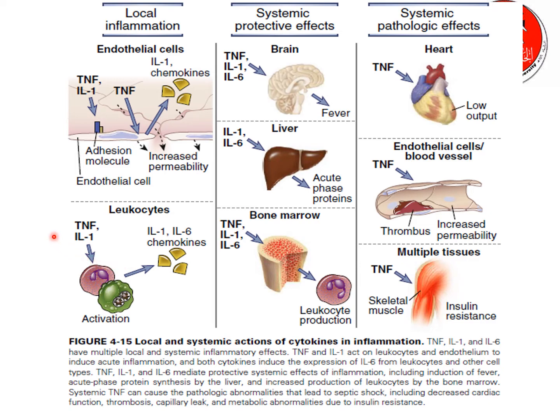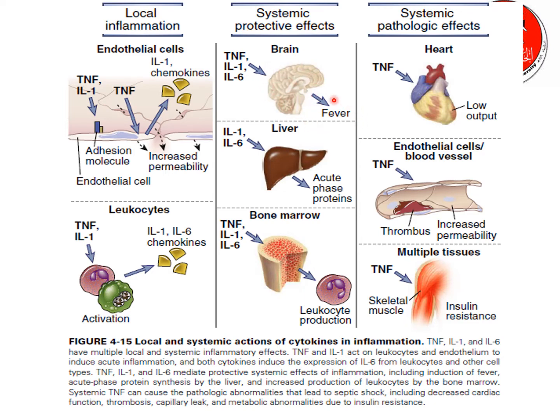Also, interleukin-1 and tumor necrosis factor are going to activate the leukocytes, and it's going to lead to production of the chemokines to attract the white blood cells to the site of infection. We have a systemic protective effect in the brain.